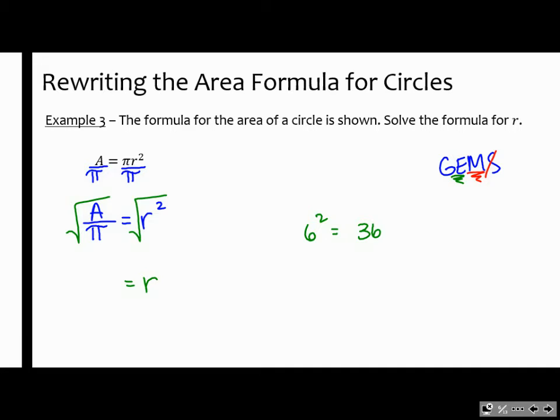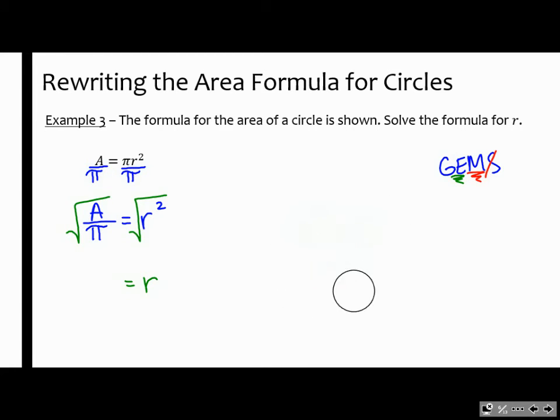So if I did the square root of 6 squared, that would actually be 6 equals 6. Okay, so when I do the square root of r squared, it would be r.